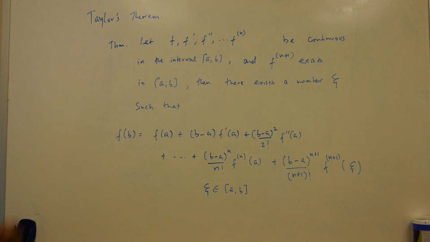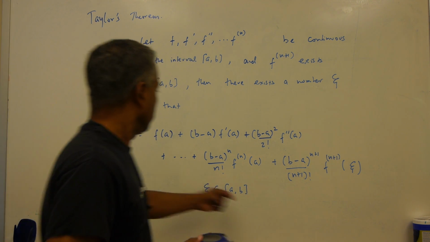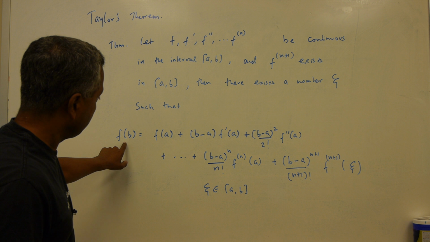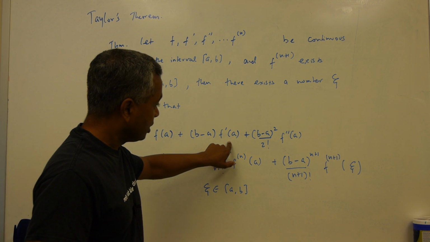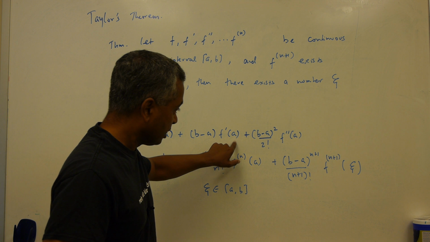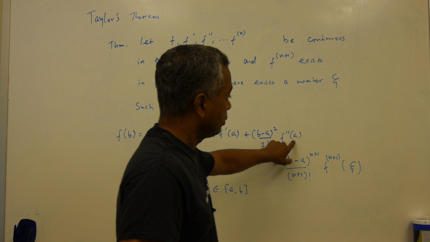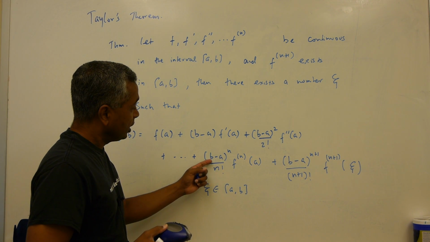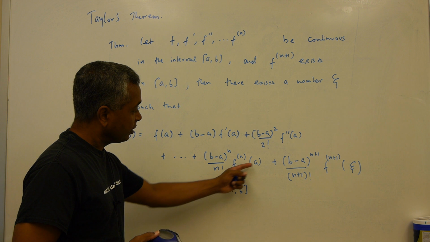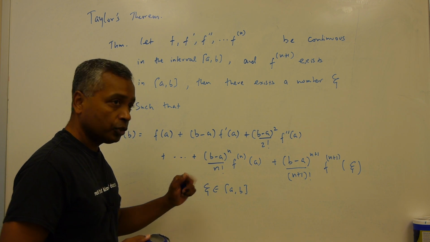Okay, so you've probably seen the infinite Taylor series. This is a finite Taylor series with the residual term. So this simply says that the function at value b is f of a plus b minus a times the first derivative of f at point a, b minus a whole square divided by 2 factorial, the second derivative computed at point a, all the way through to the nth derivative computed at point a multiplied by b minus a to the power n divided by n factorial.